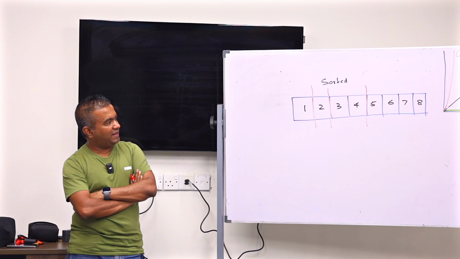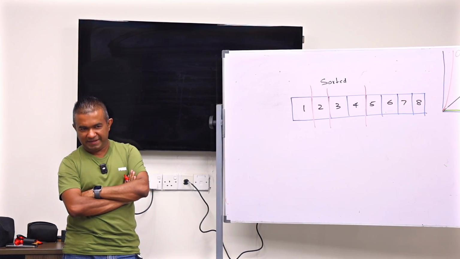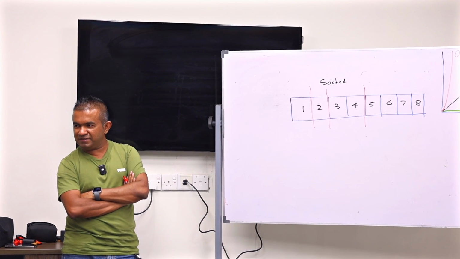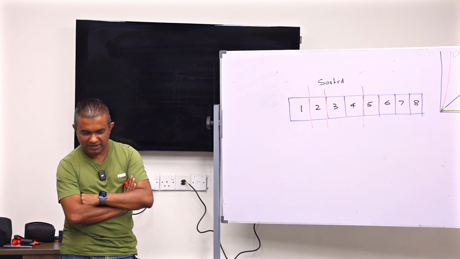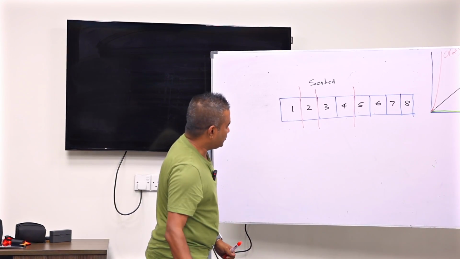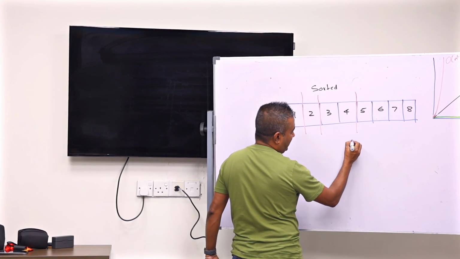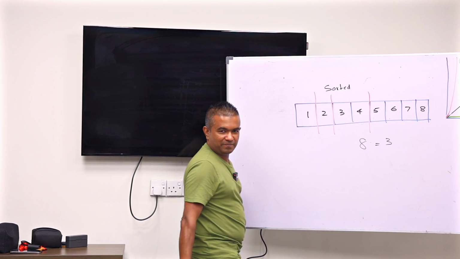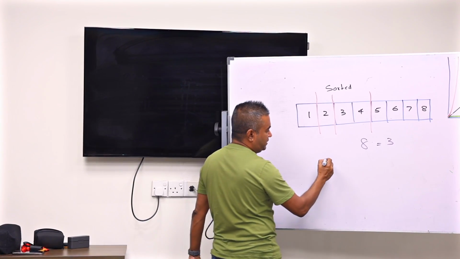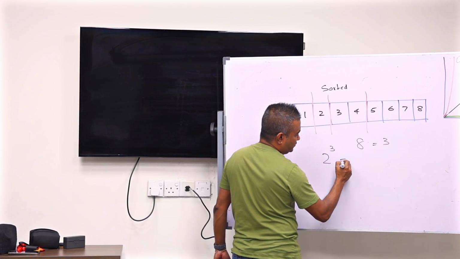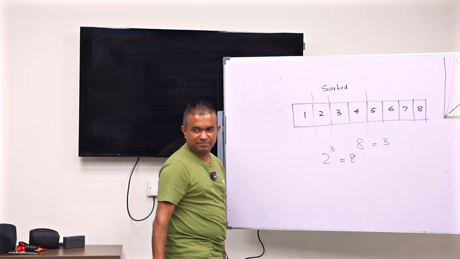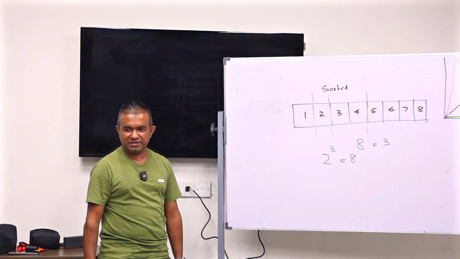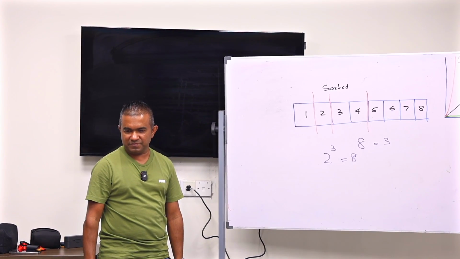So, how many elements here? 8. How many divisions did we make to figure out the number? 3, right. So, technically 8 we halved 3 times, right. That means we also have something like this: 2 to the power 3 is 8, right.